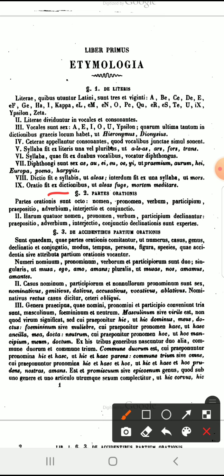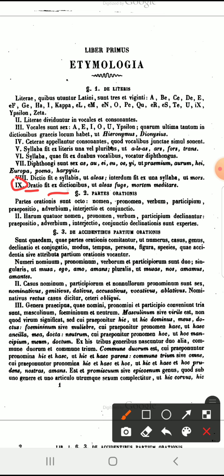The parts of speech. If you've studied English grammar, you're likely already familiar with the parts of speech. Here, we're going to learn about the parts of speech in Latin. If we look back to the previous lesson, to rule number 9, we learned that oratio, or speech, can also be translated as sentence.